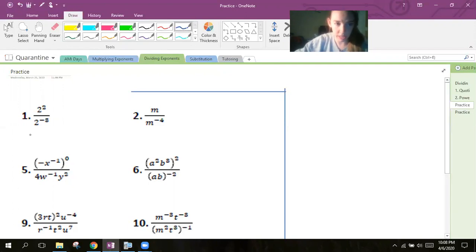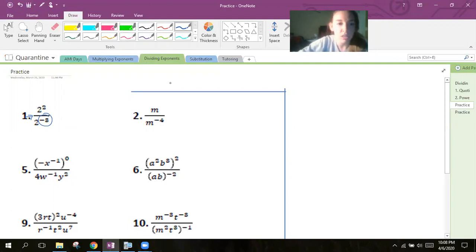I notice is I've got a division problem here and I've got a negative exponent. So basically anytime you see a negative exponent, you just need to know you're going to flip it to the other side of the fraction. So if it's in the denominator and it's a negative exponent, you're going to move it to the numerator. If it's a negative exponent in the numerator, you're going to move it to the denominator.